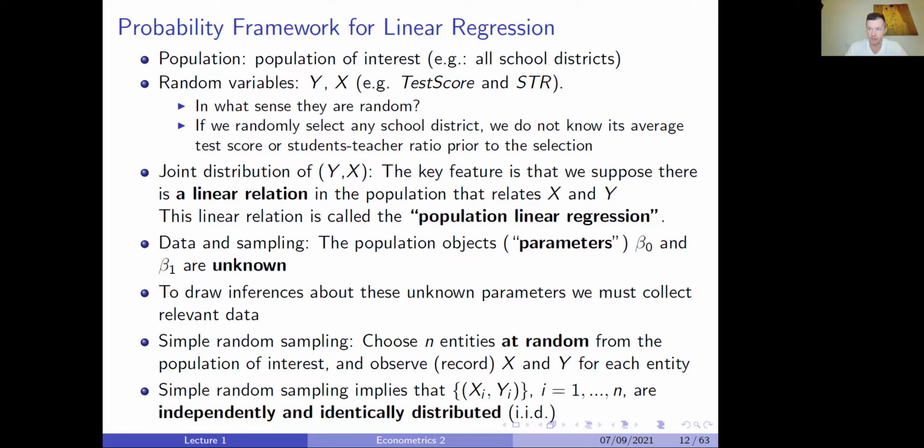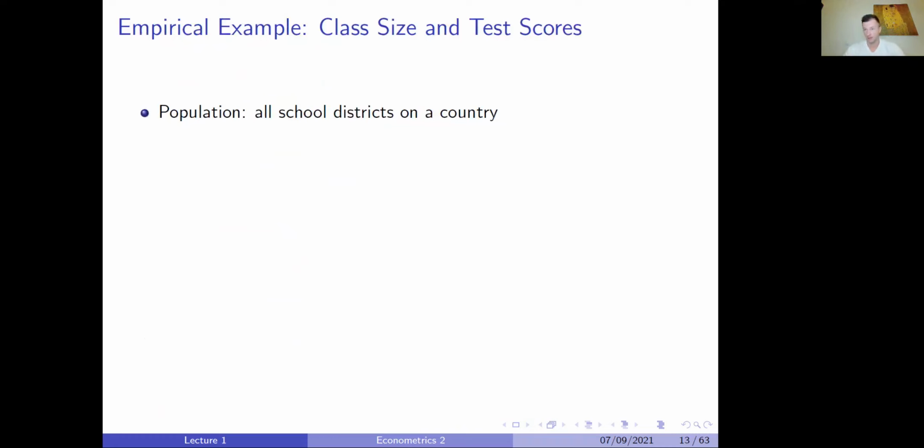So for our example, as we already said, the population is all school districts in a country, random variables: test score and student-teacher ratio. Joint distribution is such that test score linearly depends on average student-teacher ratio in district. We do not know the effect of student-teacher ratio on test score, beta 1.